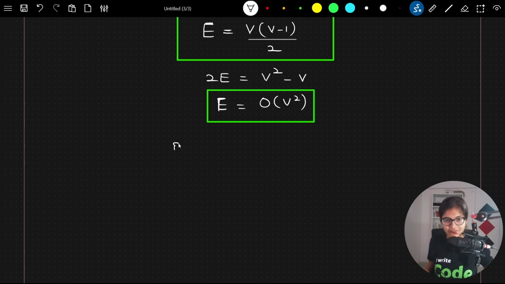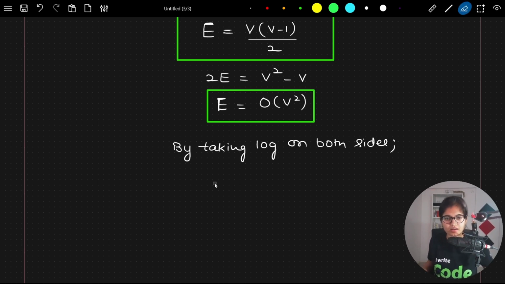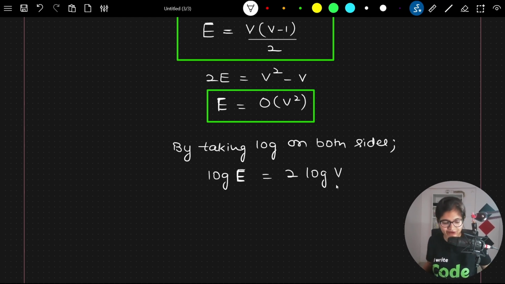Okay, if I take log on both sides in the above equation, what will we get? We will get log of E equal to 2 times log of V. Can we write like this? 2 as a coefficient will come up front here.